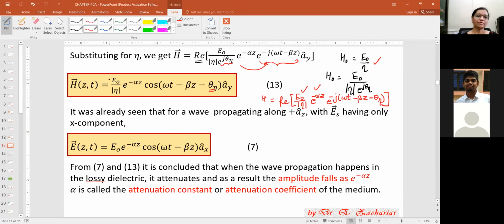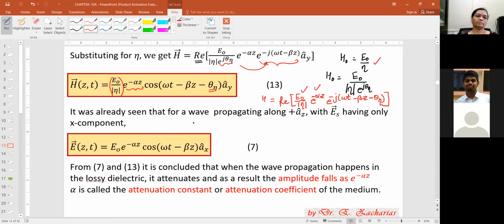And then what is happening to H naught? E naught by modulus eta will become H naught magnitude, and then you have your exponential part, and then cosine of omega t minus beta z minus theta eta.